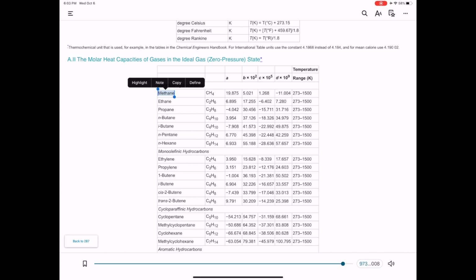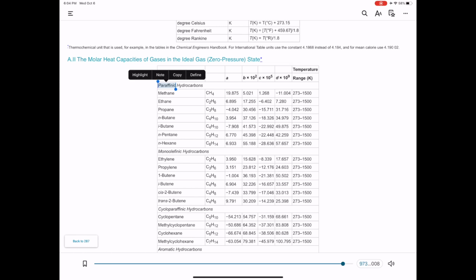So, for example, in the table here, we see that methane is the very first chemical listed, and we have the A, B, C, and D parameters listed here. One note of caution: this table is set up similar to the table used in your MEB2 book, where the values you see for the B, C, and D parameters are actually the parameter multiplied by 100, 100,000, or 1 billion.